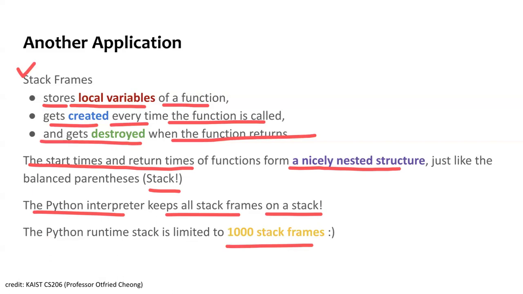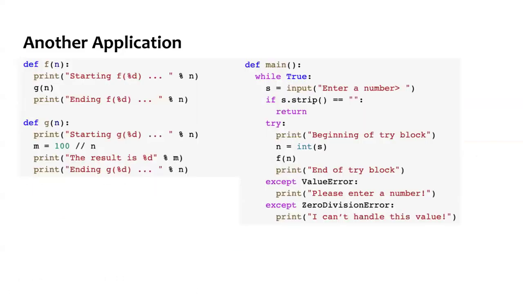Therefore, if you make more than 1,000 function calls, it will raise a stack overflow error or memory error. This is what we saw. I'm not sure if you saw this in the last class, but anyway, let's look at this code example.